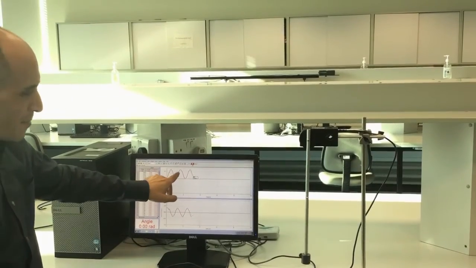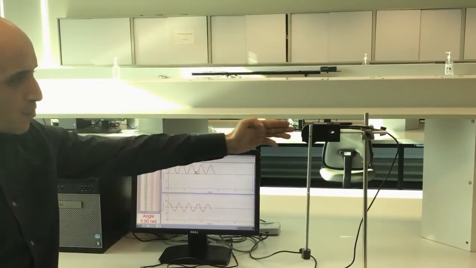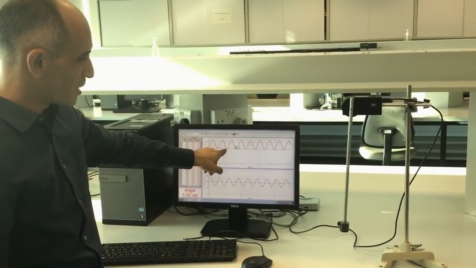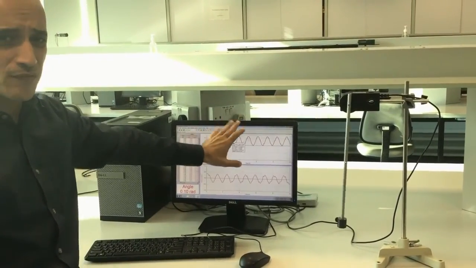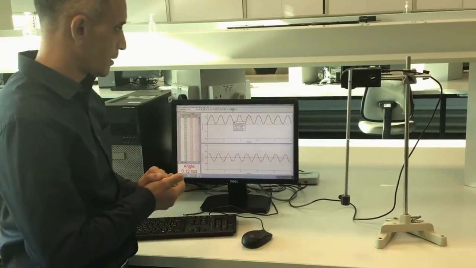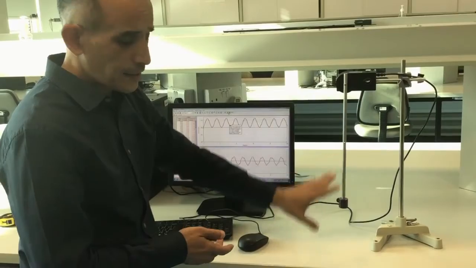As you can see, when the amount is very small, because of the small angle of rotation of this sensor, it's a digital sensor, you get some sharp edges, but this is fine. When you do the curve fit, it's not going to affect your results at all. So I did a small angle.